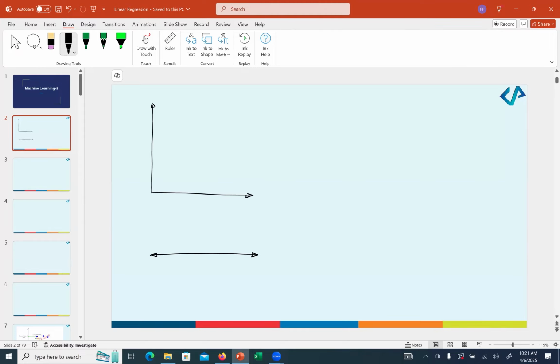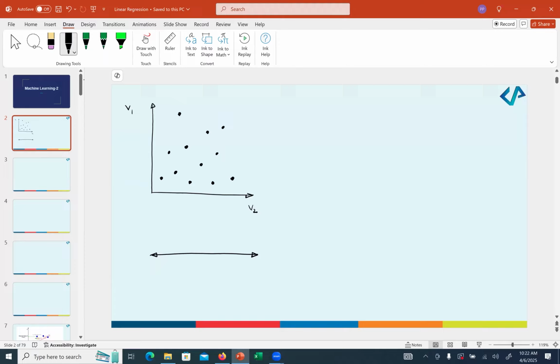Let's say I have multiple data points, and two variables, variable 1 and variable 2.